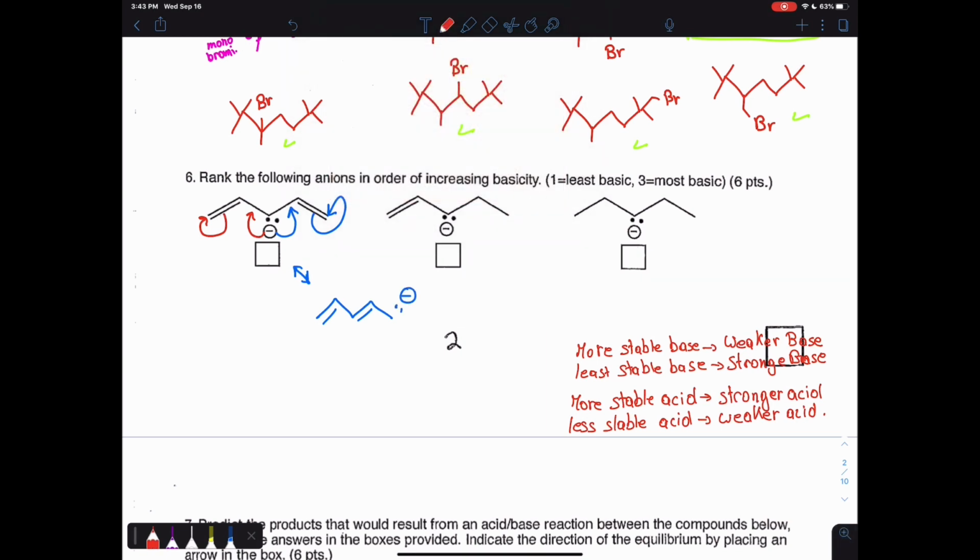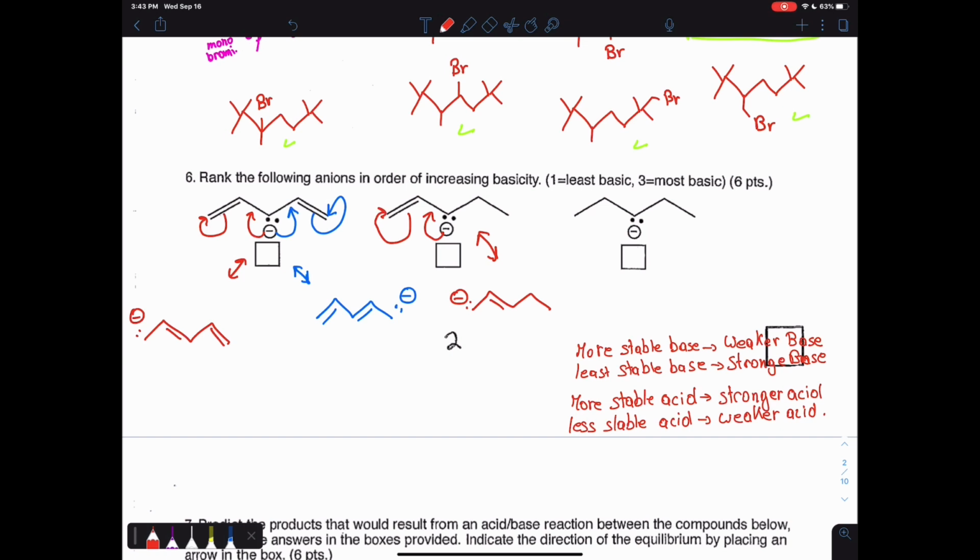And if I go with the red one, I'm going to have a lone pair right here. So those are the two resonance structures. For the second compound, there's only one resonance structure, with the pi electrons moving here, forming the lone pair.